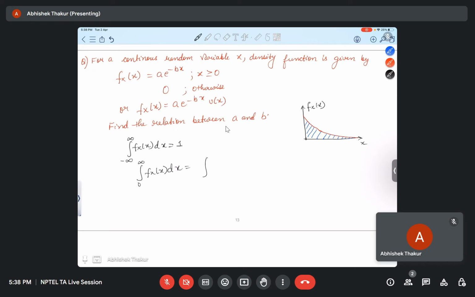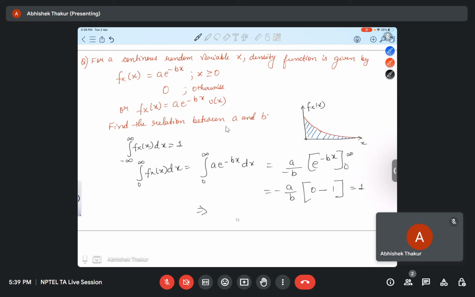So this will be integral from 0 to infinity of a e to the power of minus bx dx. So this we can write as a by minus b e to the power of minus bx, with x from 0 to infinity. So this is equal to minus a by b times e to the power of minus b into infinity, which is 0, minus e to the power of 0, which is 1. Okay. And this value is equal to 1.